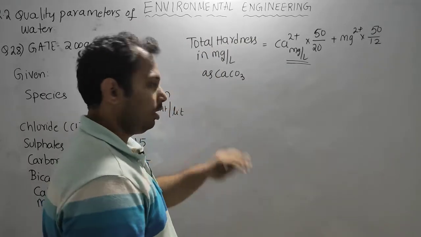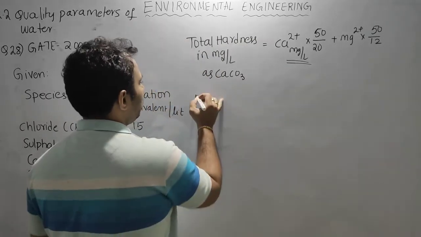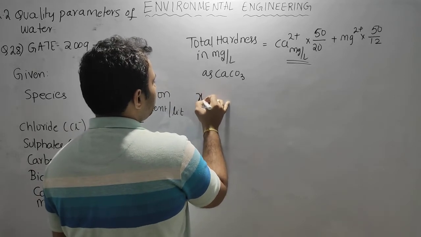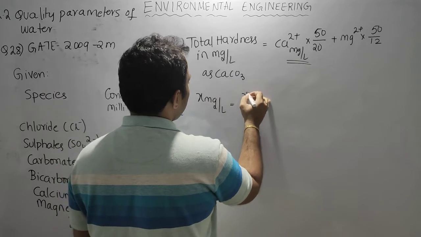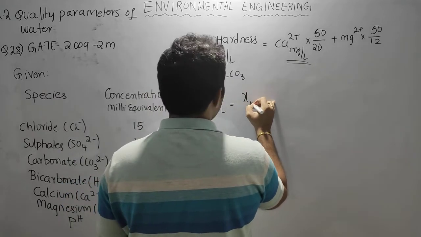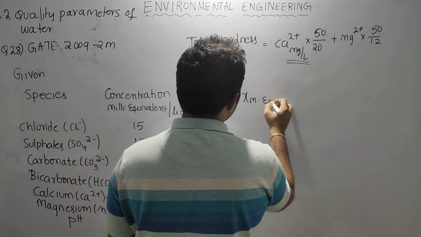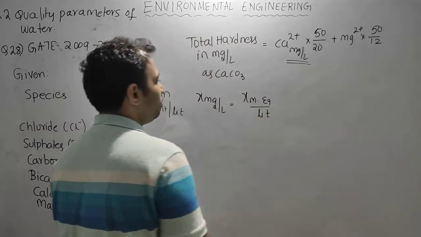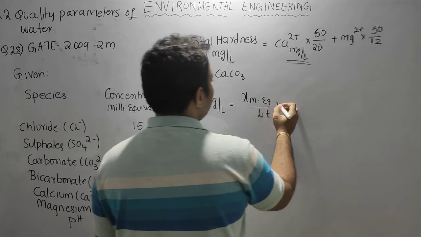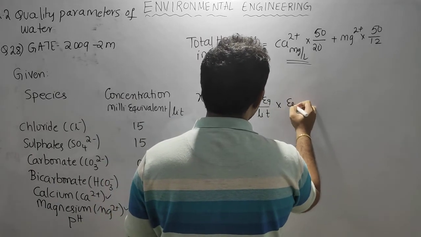Okay, so let us see how to convert that. X mg per liter is equal to, when X is in milli equivalent per liter, milli equivalent per liter into equivalent weight.